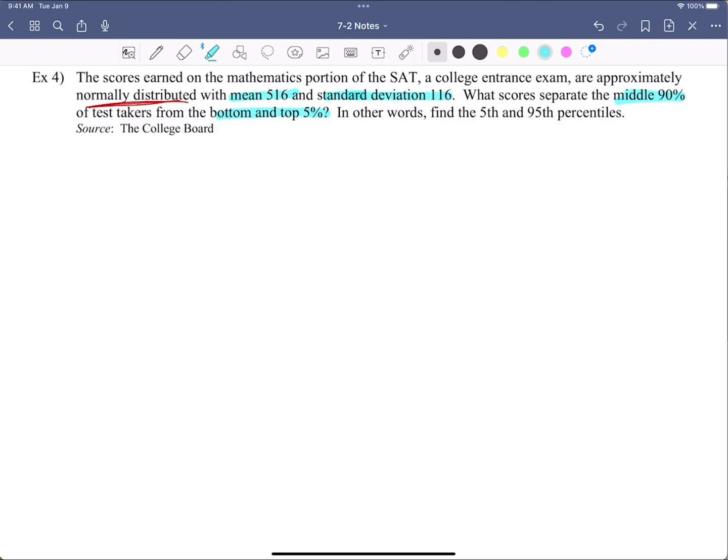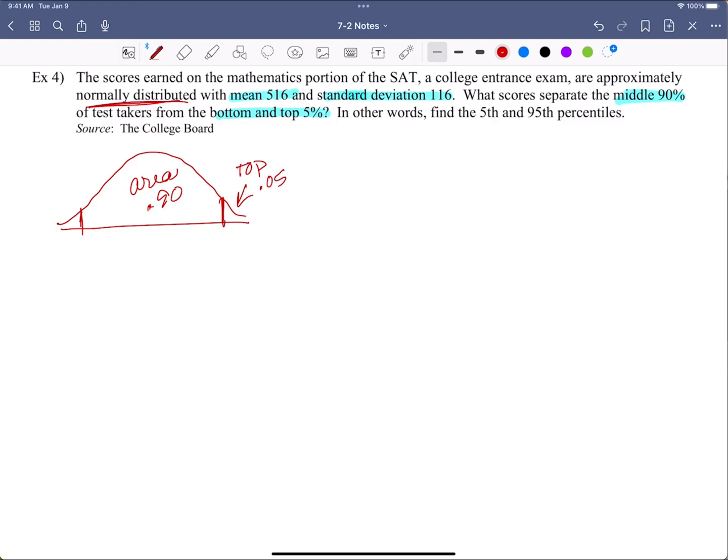So what this is really saying, I think pictures are nice. I'm not very good at drawing them, but I like to see what's going on. So this is my middle 90%. This is the top 5%, which just changing that to a decimal, right? 5th percent, 95th percent. This is the bottom 5%.